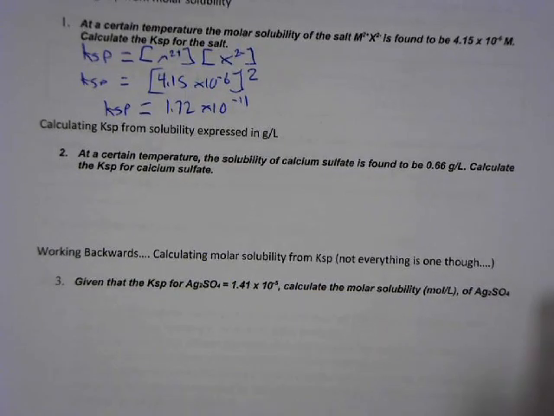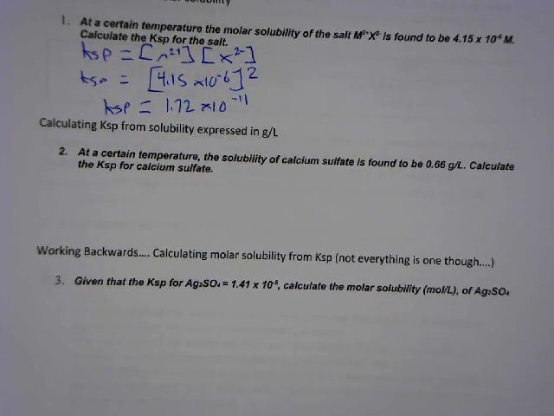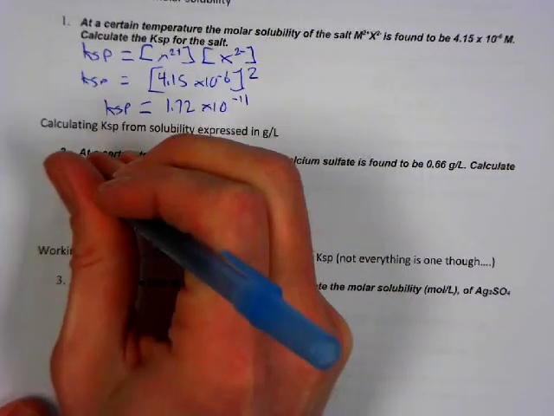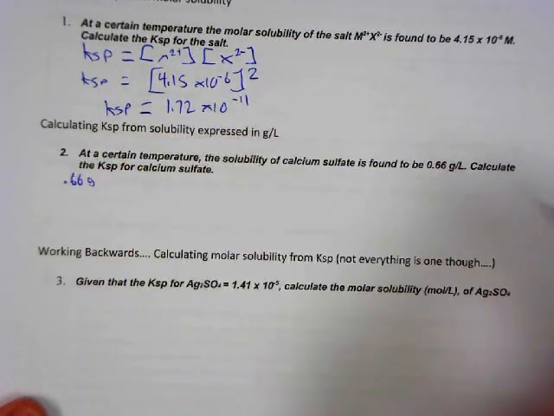At a certain temperature, here we go. Calculating KSP from the solubility in grams per liter. At a certain temperature, the solubility of calcium sulfate is found to be 0.66 grams per liter. Calculate the KSP for calcium sulfate. Step 1, I cannot use grams per liter. What do I need to have that in? Molar.